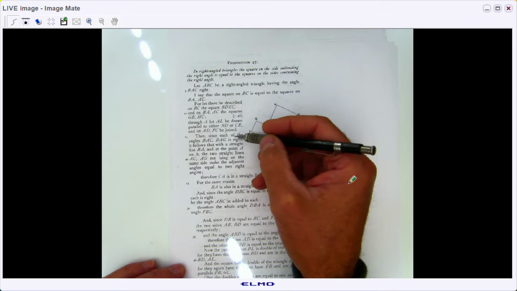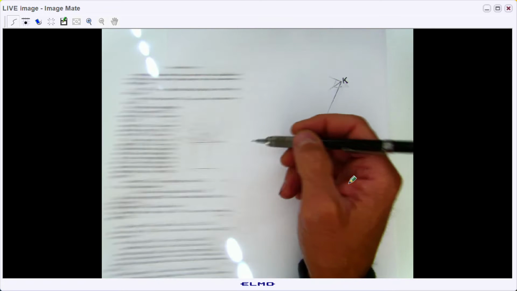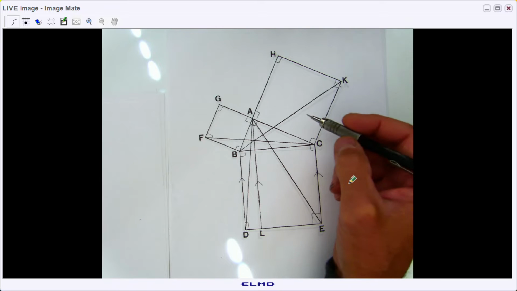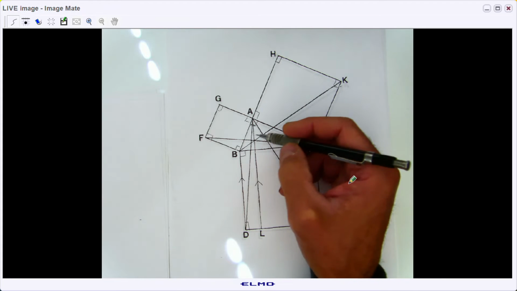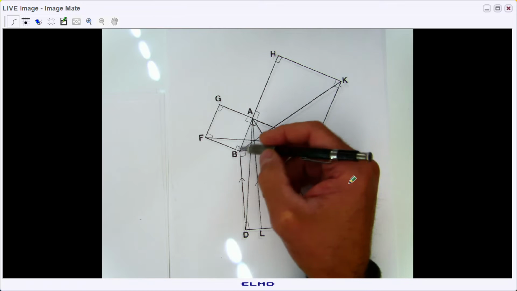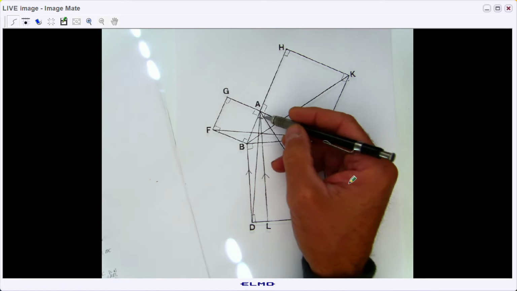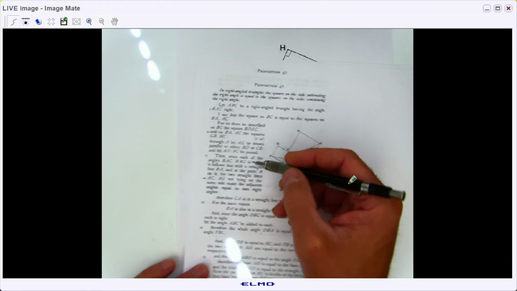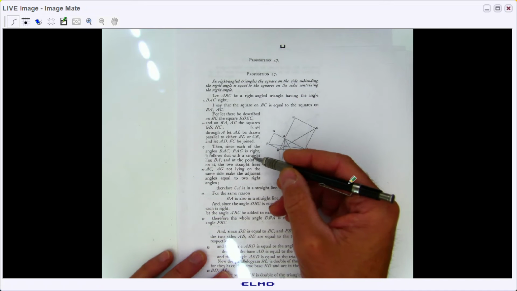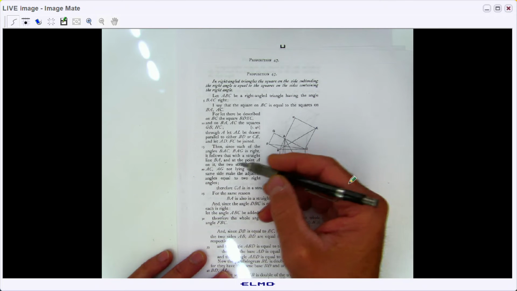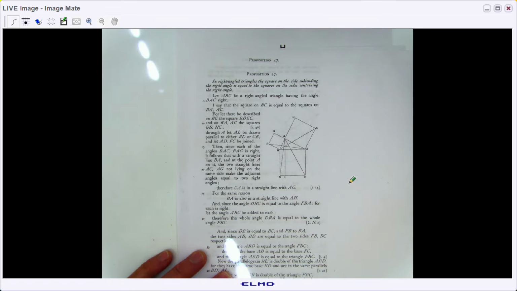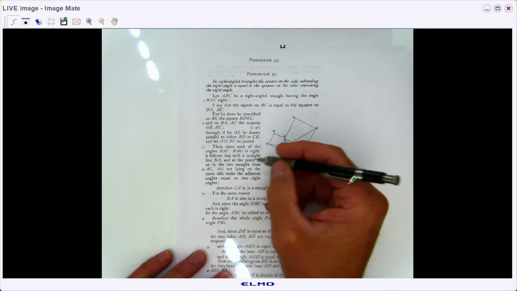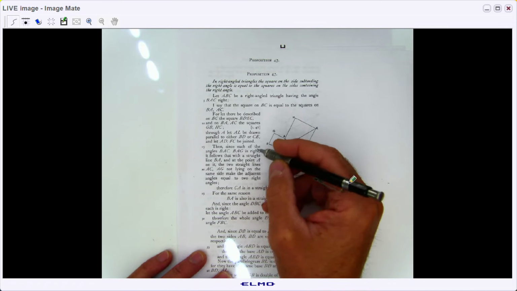Then, since each of the angles BAC and BAG is right, since these two are right angles, it follows that with a straight line BA, and at the point A on it, the two straight lines AC and AG, not lying on the same side, make the adjacent angles equal to two right angles.